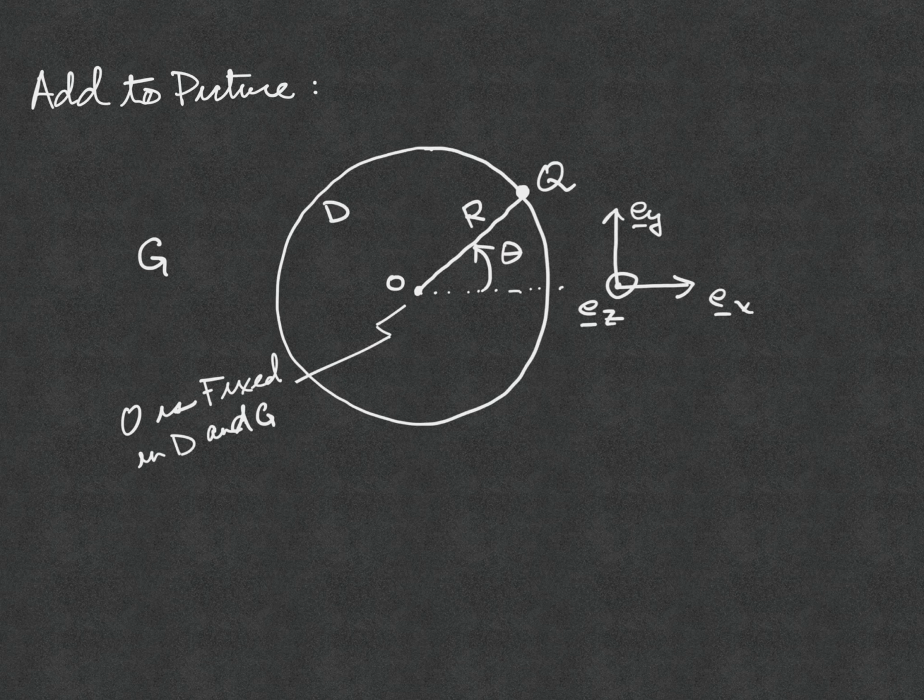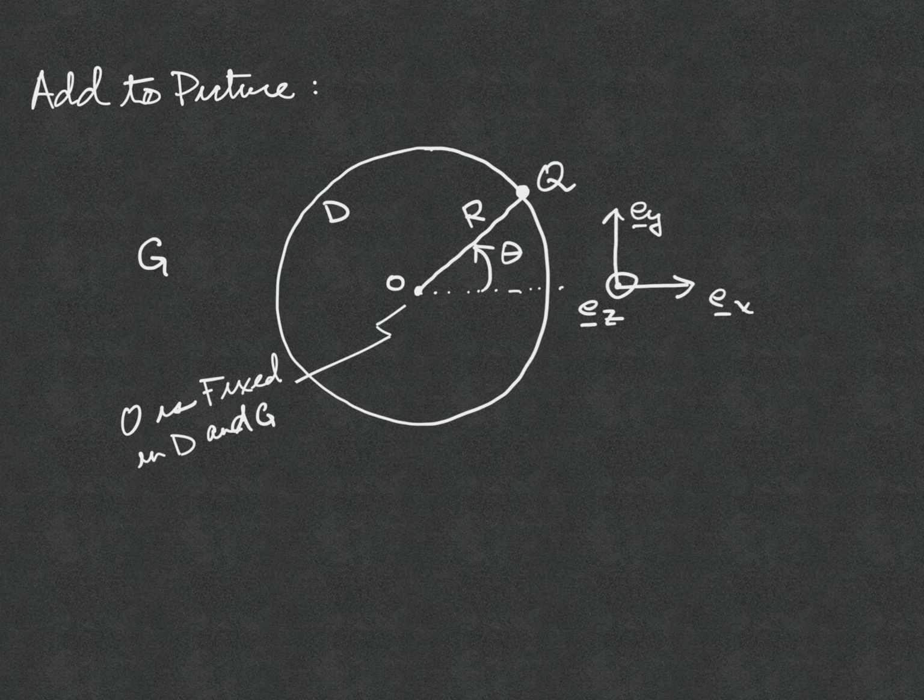So now let's add to the picture a second basis. Now this basis is actually going to be fixed in the disk. I'm going to put a direction, I'm going to call that direction UR.